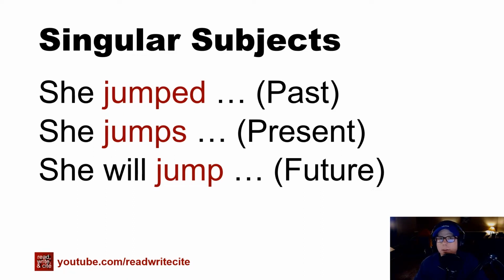We kind of do the opposite with our verbs though. Present tense singular verbs get an S on the end, not the plural versions, which can be confusing for students, right? That's why this is important to recognize when this conjugates or not. Okay, so that's present tense singular, and then we have future tense, she will jump.